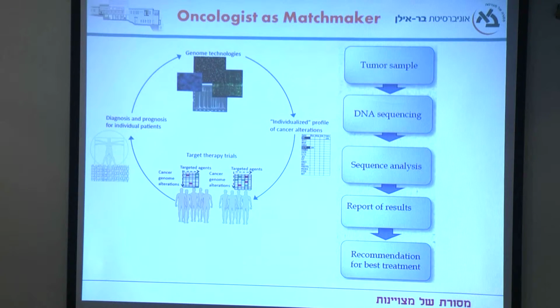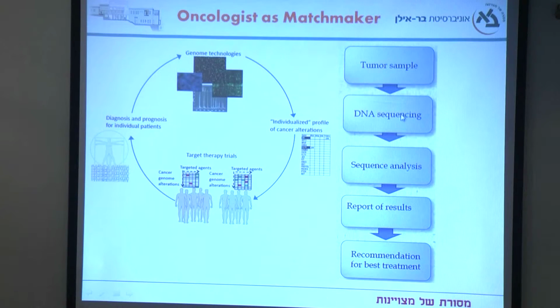benefit from these drugs. So basically, a modern oncologist is perceived as a matchmaker, where he has a large arsenal of targeted therapies, and he needs to use genomic technologies in order to matchmake which drug to which patient.